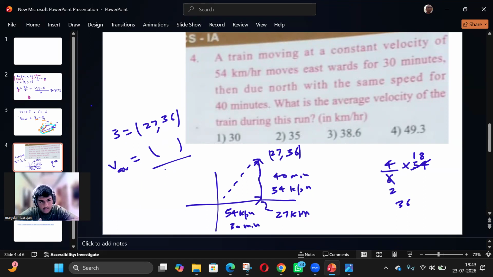So 70 by 60 hours, it is 7 by 6. So 27 into 6 by 7, 36 into 6 by 7.